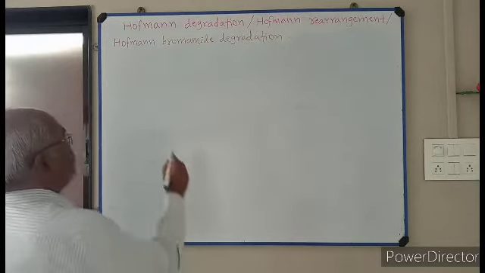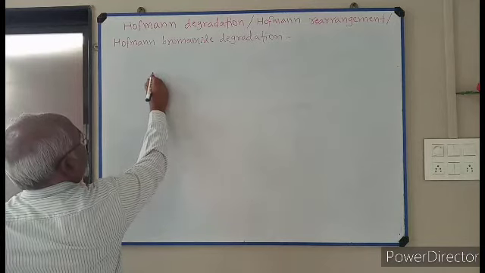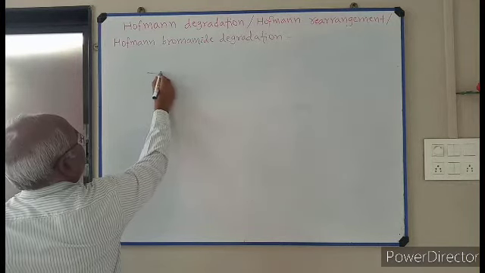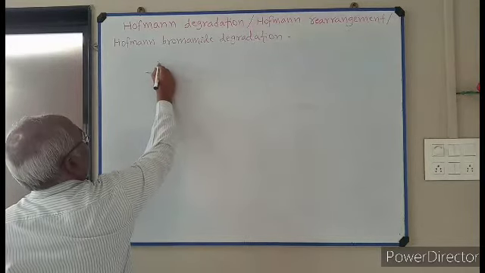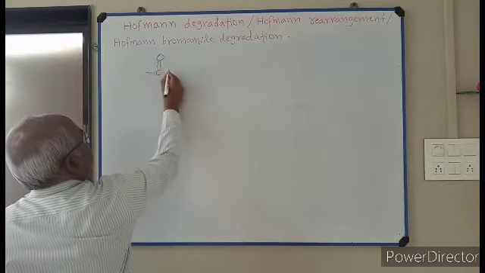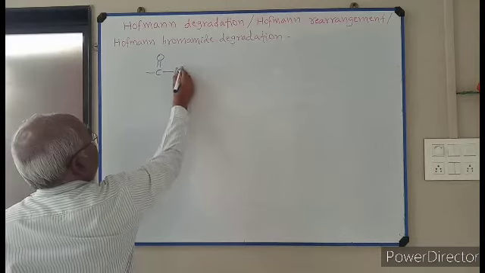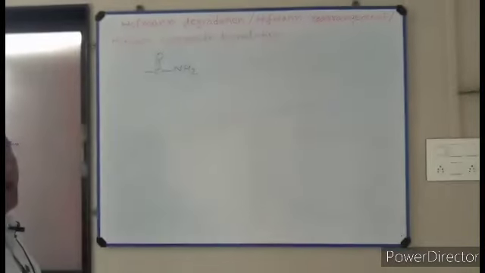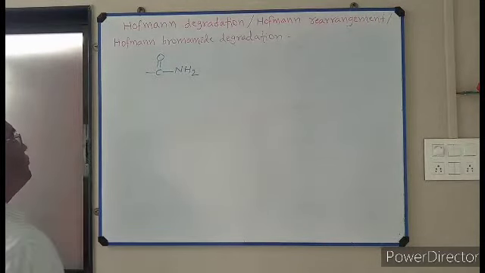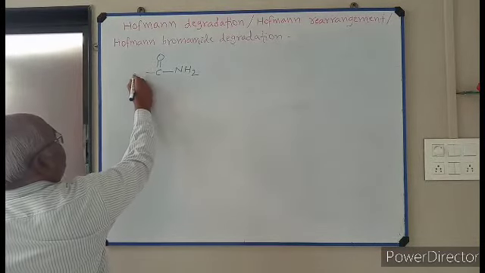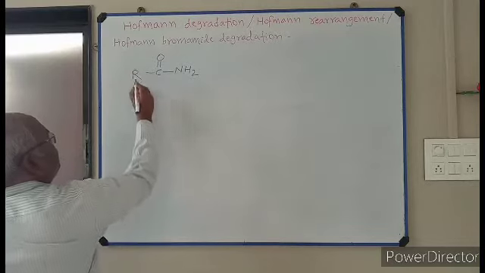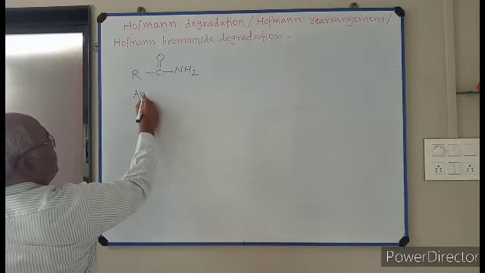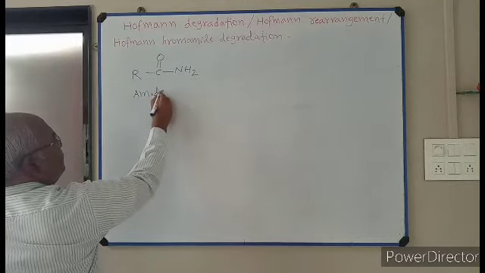So I take the example of an amide. I write here the functional group of amide: C double bond O NH2 is the functional group of amide. This functional group is attached to an alkyl group. This is the general formula of amide.